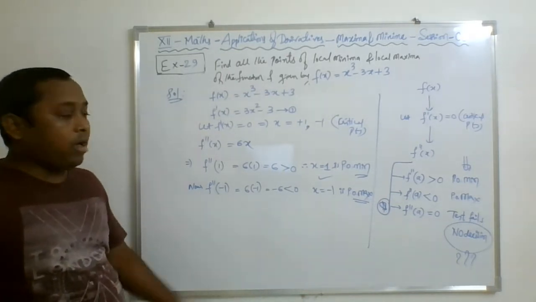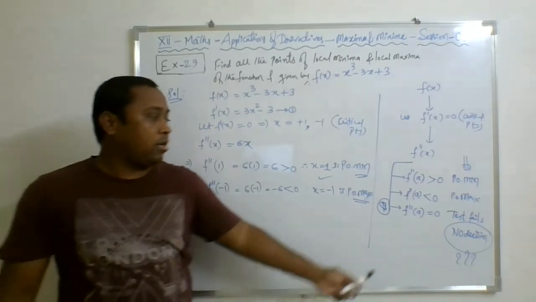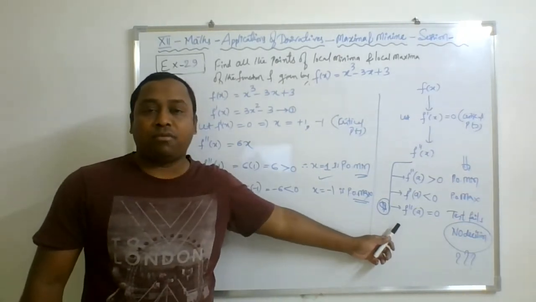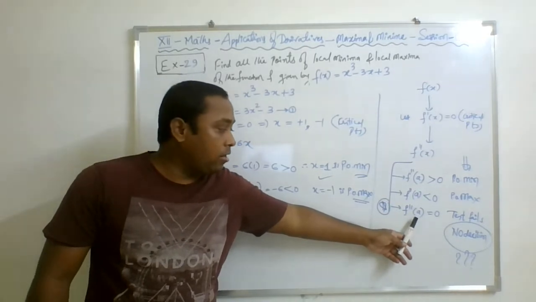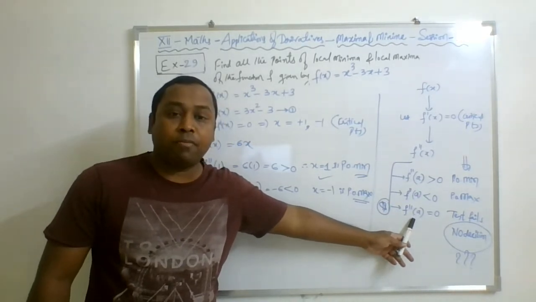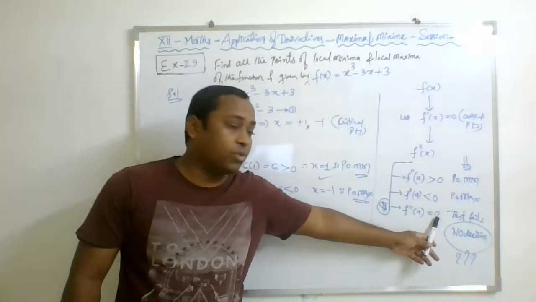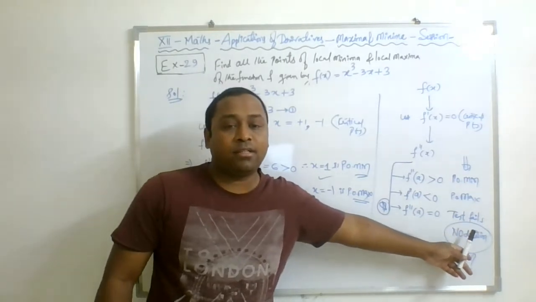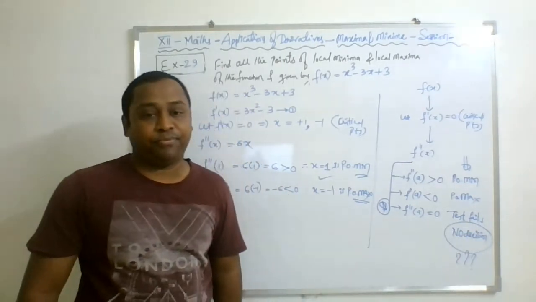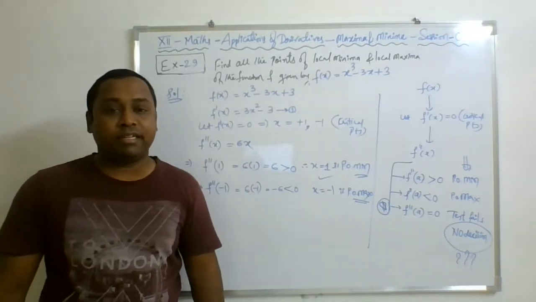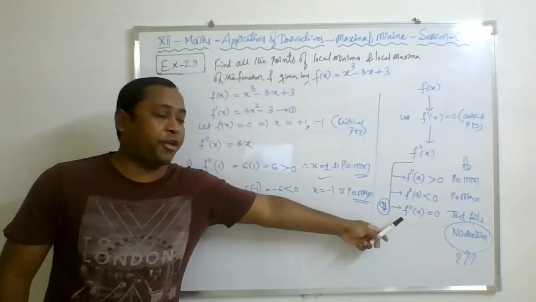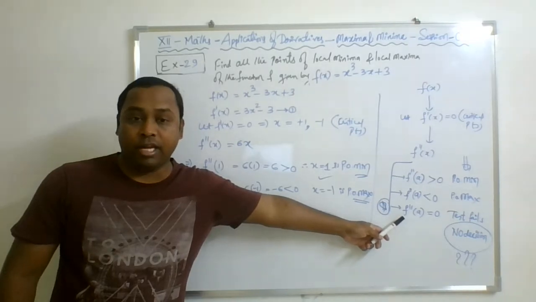But you have already understood where the double derivative test fails: where the double derivative value at a particular critical point becomes 0, then this test will not say anything. Then you need to go for the first order derivative test for this particular critical point only.